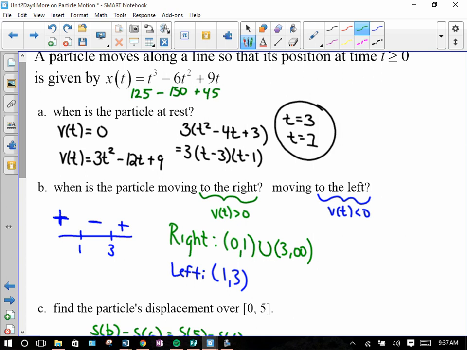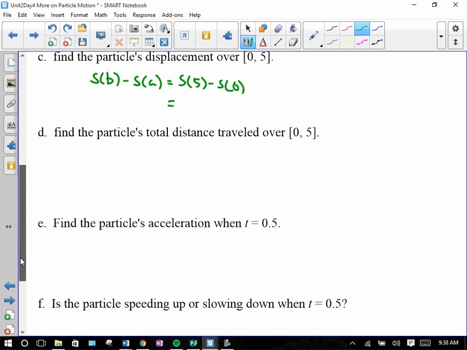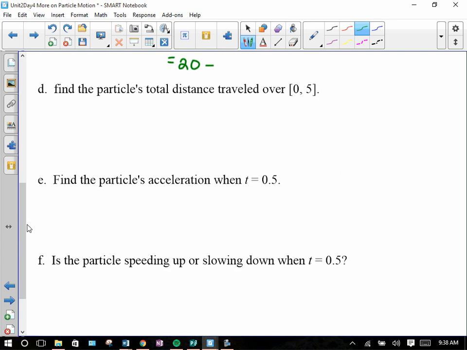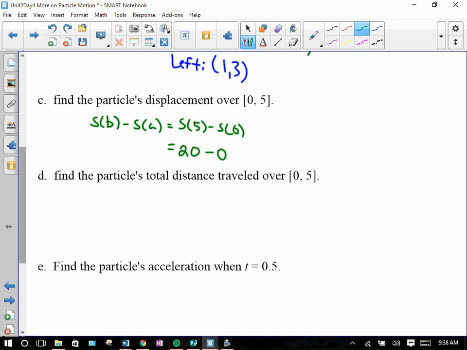So 125 minus 150, that's going to be negative 25. Negative 25 plus 45 is going to be positive 20. Minus s of 0. If I plug 0 into this, I'm going to get 0. So it is 20. Did you get this? Units?